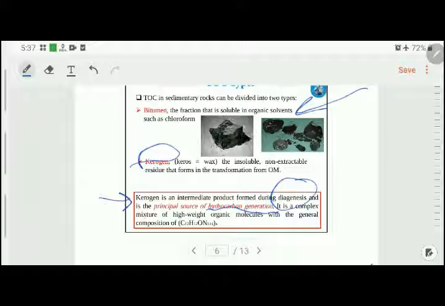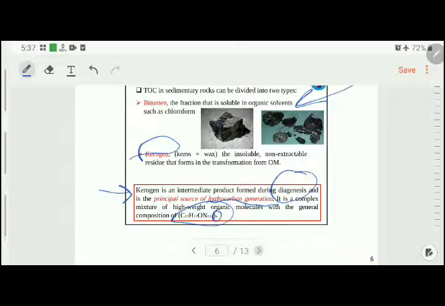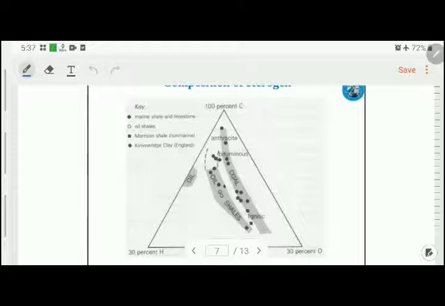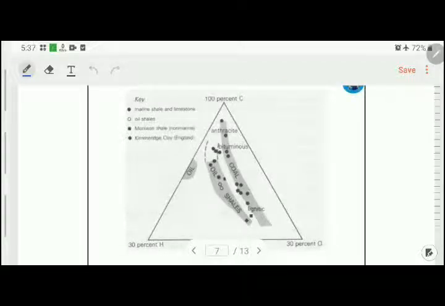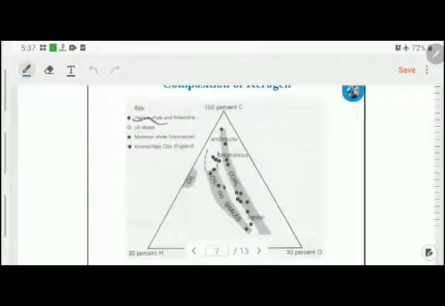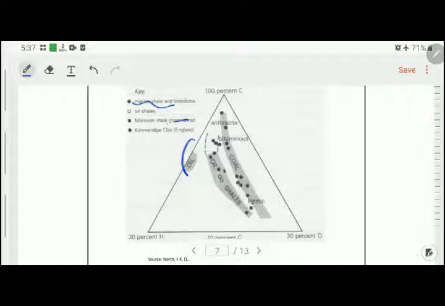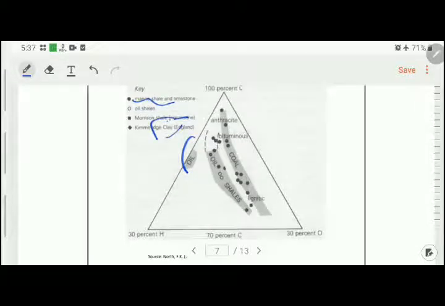It is a complex mixture with a formula of C12H12ON0.16, all of these multiplied by X. For the composition of that kerogen, there are three main compositions: the marine shale and limestone, also the oil shales and the Morrigan shale, which is the non-marine one, and some clay.